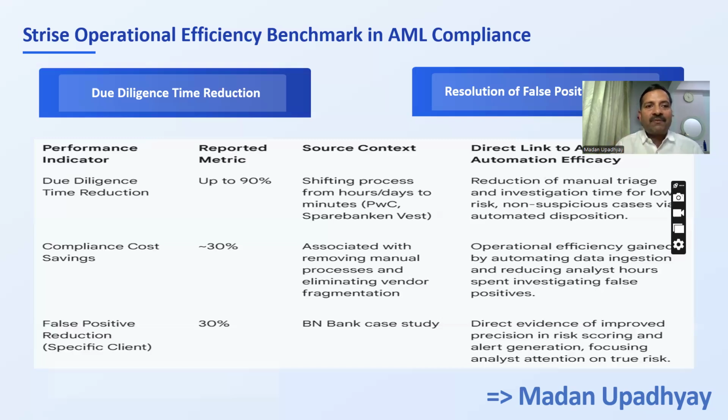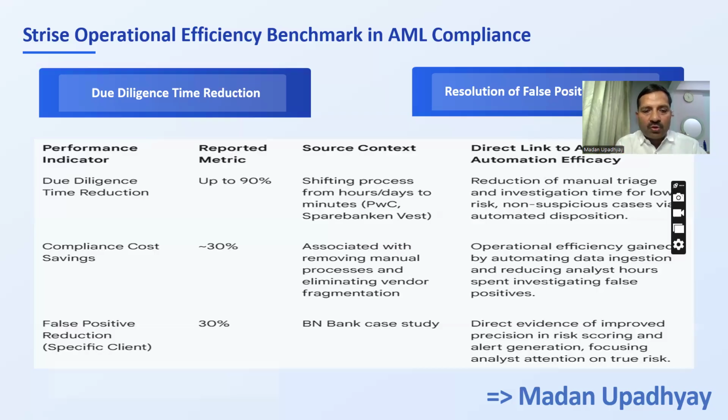The second case is false positive reduction. For one of the business use cases, BN Bank, they claimed it has reduced false positives by up to 90%. That turns into improved risk scoring, alert generation, and focusing analyst time on the true risk.